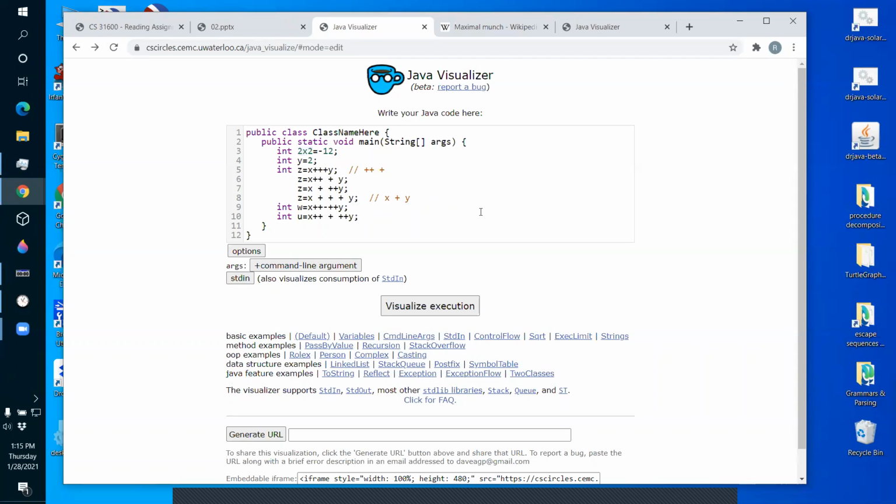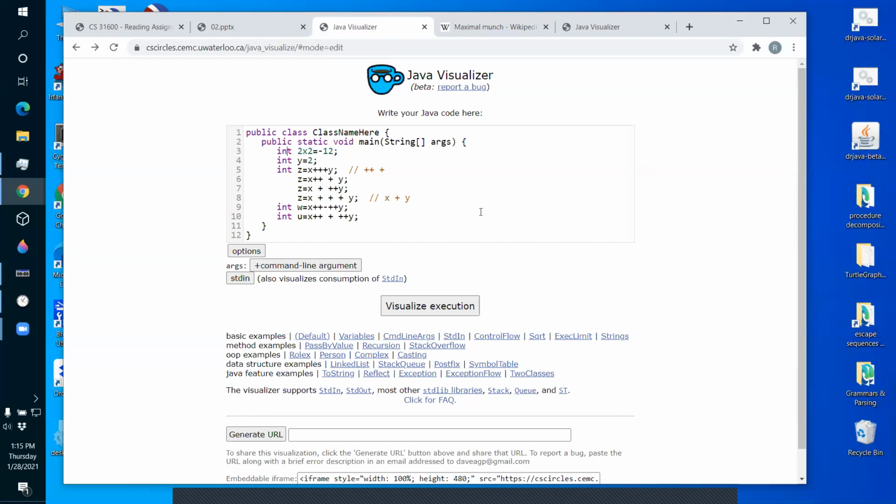If it tokenized, it probably tokenized as a 2 followed by an x2. So it probably tokenized as int 2 x2. It probably did not tokenize as a variable name beginning with 2.